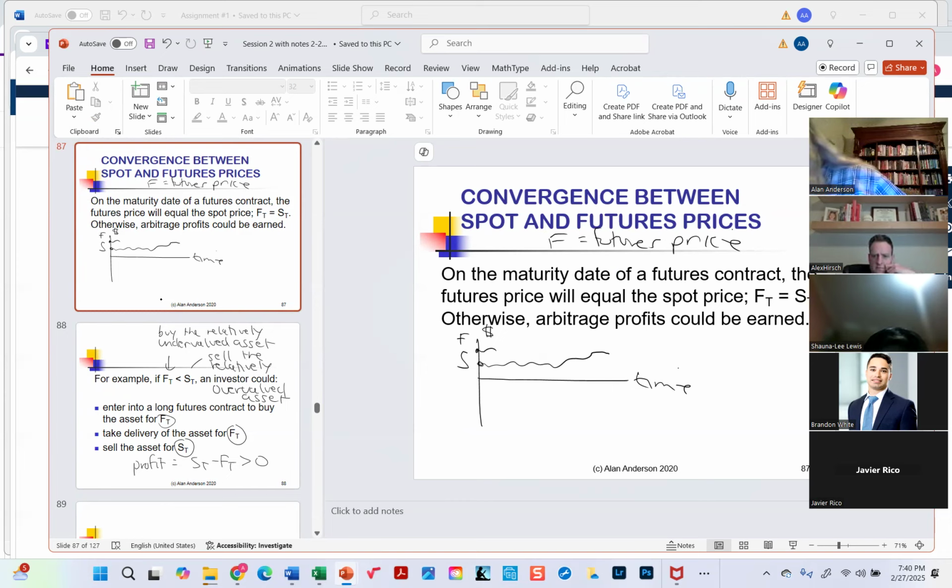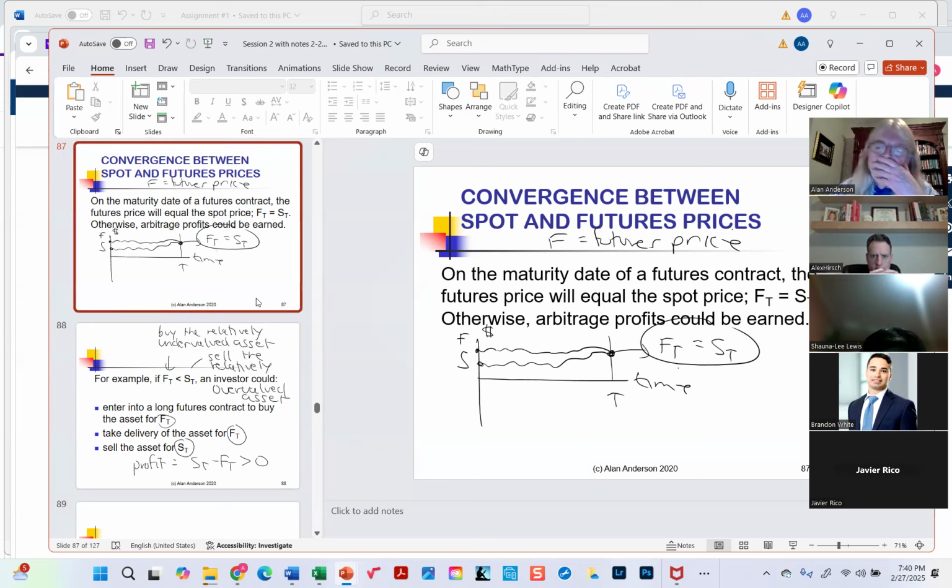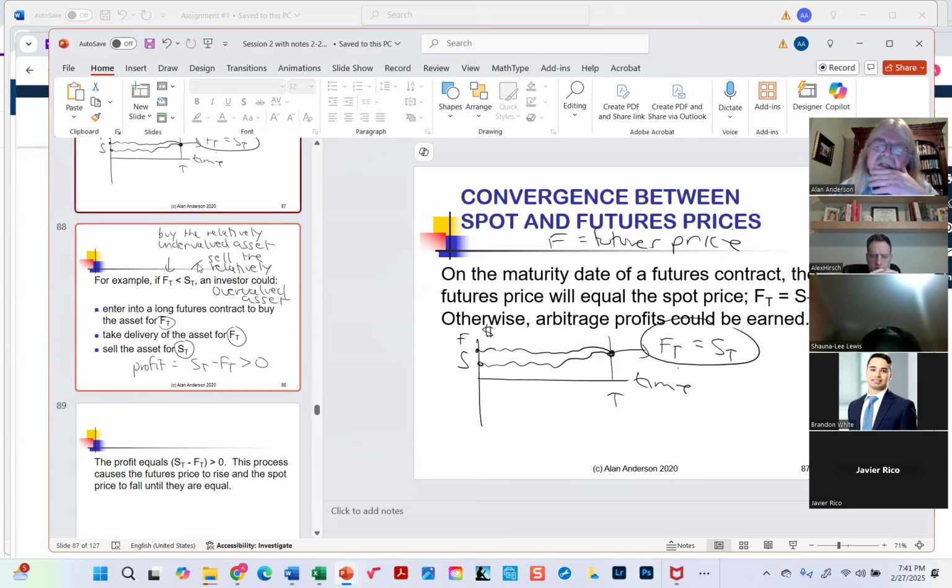But we do know that on the maturity date of this contract, they have to be equal to each other. That's the day on which the contract matures or expires. And if you haven't done anything to offset your position, you're going to take delivery of the asset or make delivery.